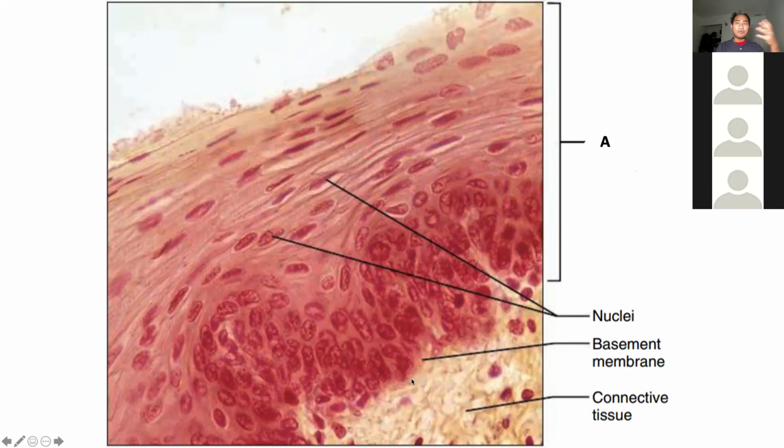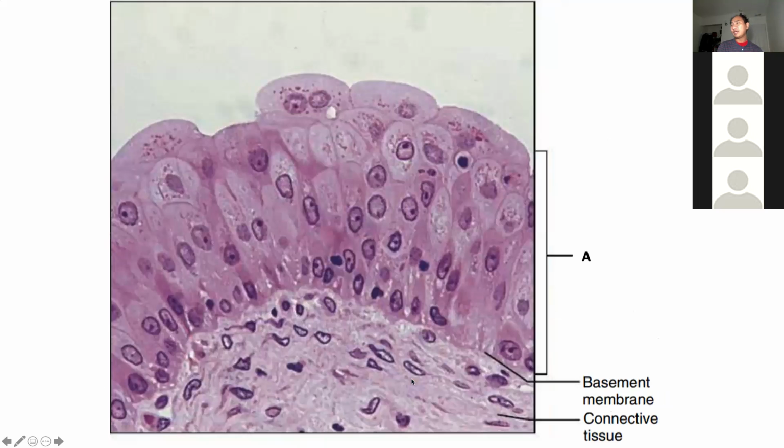That's what we call polarity. Again, look at that, this is a form of epithelial tissue because you can see multiple cells here, and it is resting on the basement membrane. And on one side, it is pretty empty. But look at that, the cell shape, multiple layers, and gradually changing.